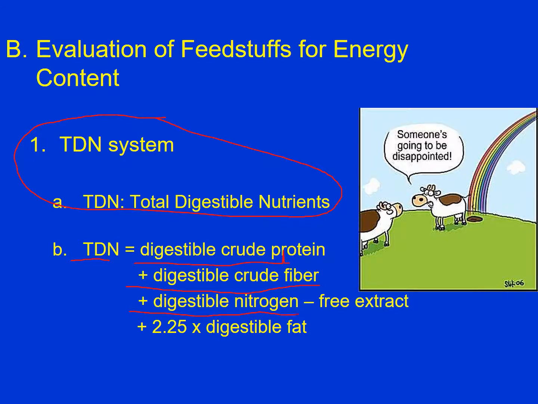Digestible nitrogen-free extract would be the starches and the sugars in our foodstuffs. And then digestible fat times 2.25 because fat contains more energy than these other foodstuffs.